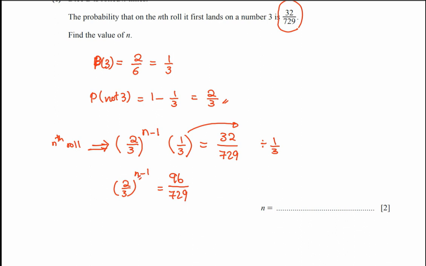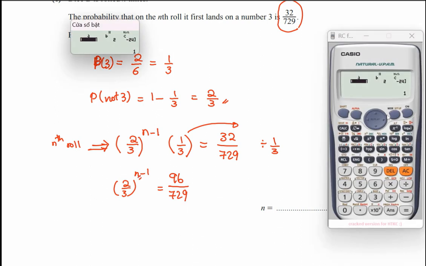Instead of doing it by hand, I can use the calculator directly. Follow the steps with me on the calculator, because it will save your time in the exam. First, I write the equation: bracket 2 over 3, go to the right and close the bracket, power. It's supposed to be n minus 1, but any unknown we write as x.